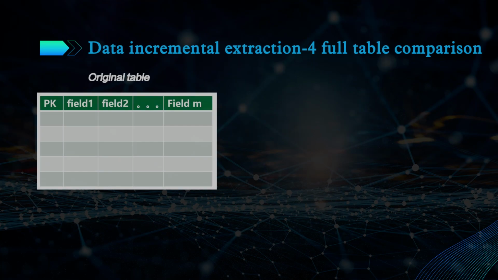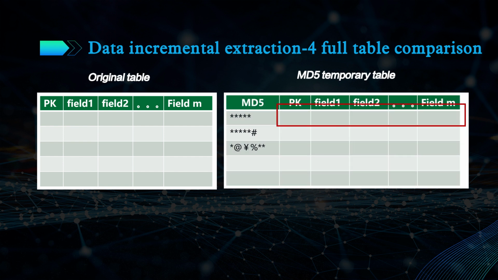The fourth data incremental extraction method is full table comparison. Full table comparison method uses MD5 check code. The ETL tool creates an MD5 temporary table with a similar structure for the table to be extracted in advance.